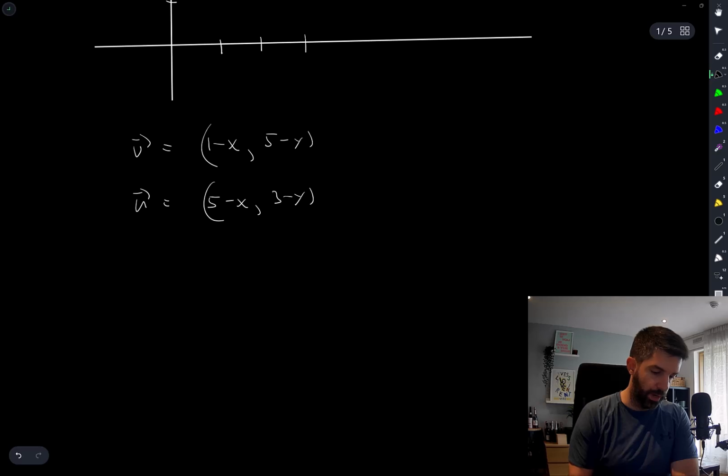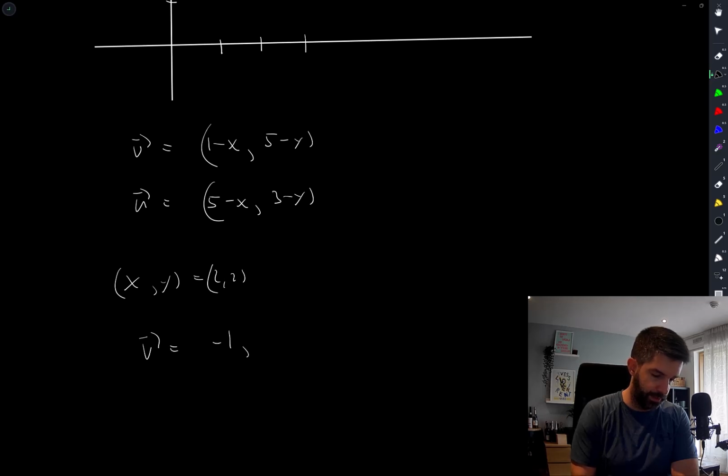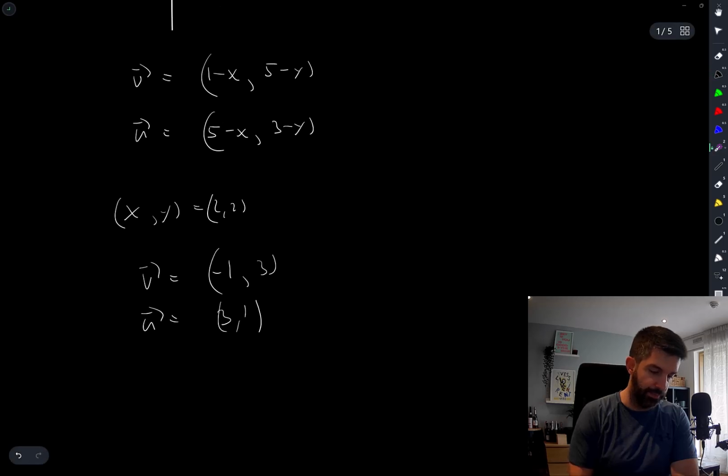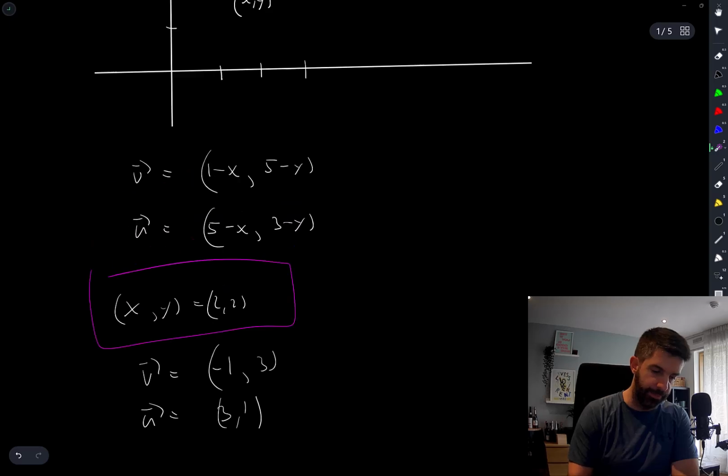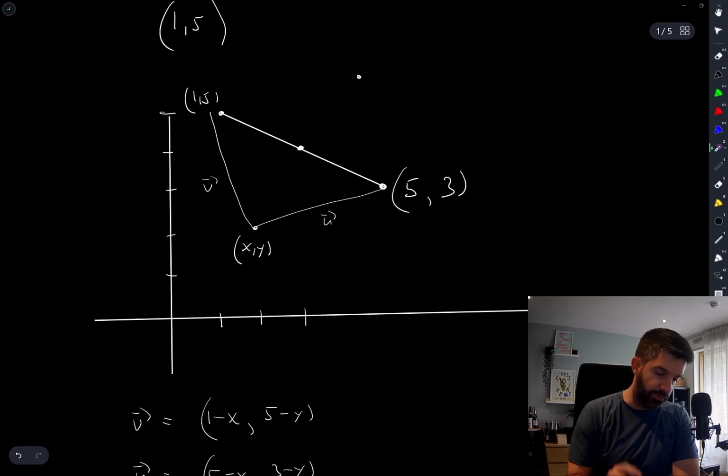So if x and y are 2 and 2, then v is -1, 3, and u is 3, 1, and these have the same length and are perpendicular. So 2, 2 works. That's by guessing and checking.